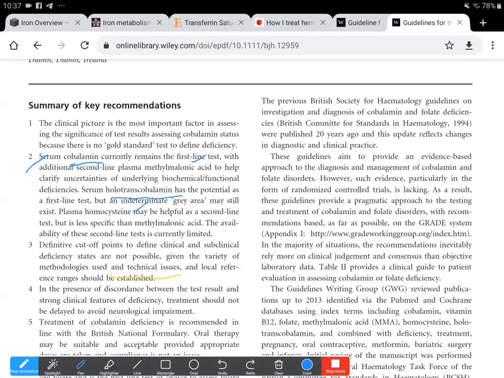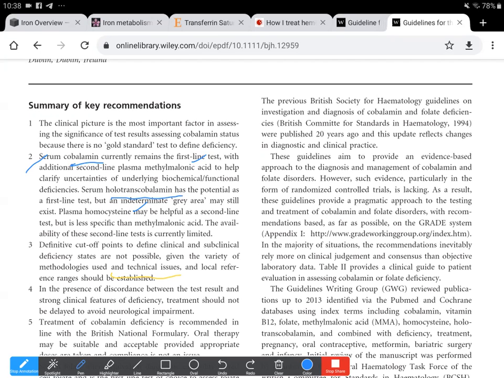So methyl malonic acid and homocysteine are the substrates for cobalamin, that is methyl malonyl CoA is converted to succinyl CoA by the enzyme adenosyl cobalamin, which is an intra mitochondrial form of cobalamin. So methyl malonyl CoA is converted to succinyl CoA. So in the absence of cobalamin, there would be an increase of methyl malonic acid.